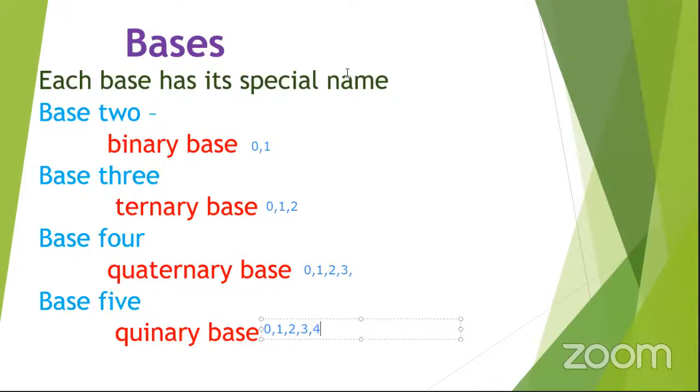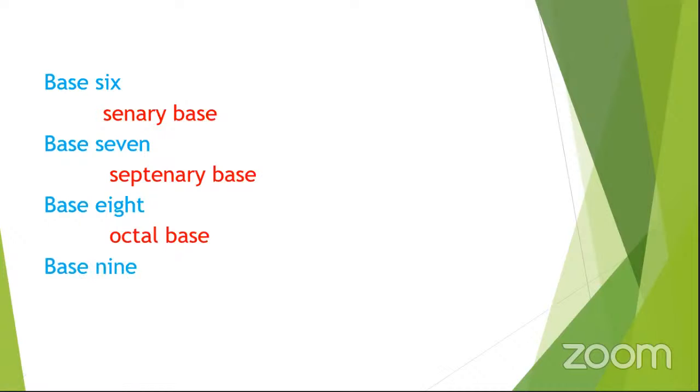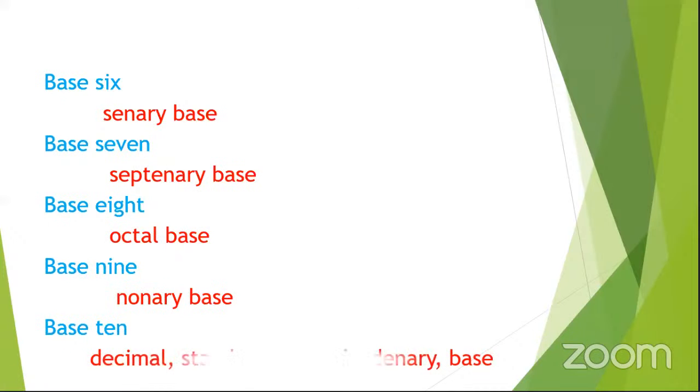Let us see also others here. Base 6, and we've said that the special name for base 6 is senary base. We are going to also see the number of digits and the nature of digits in this.